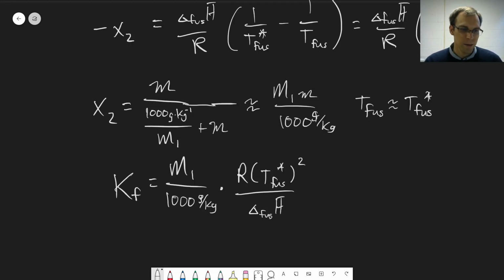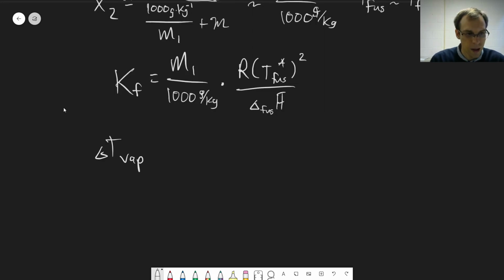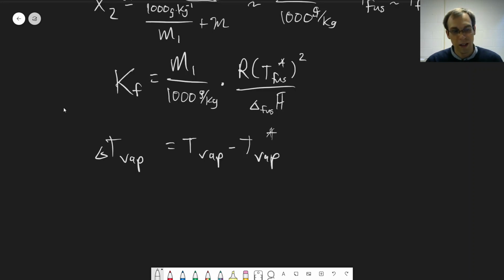We can do the exact same thing for boiling point elevation. If we look at the change in the temperature of vaporization, delta T vap is equal to the temperature of vaporization minus that of the pure substance. In this case, this is an increase in the boiling temperature, and it is equal to this Kb value times the molality.